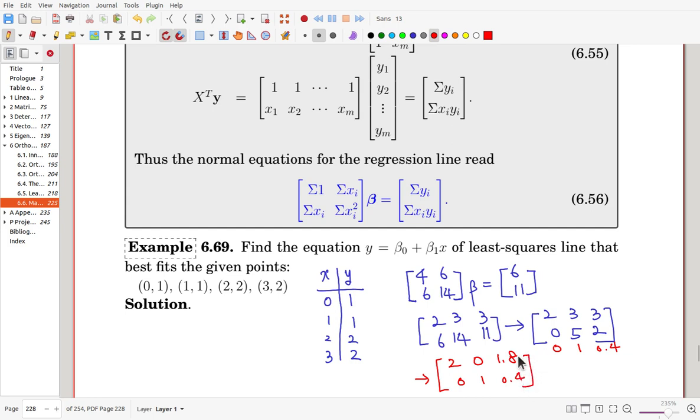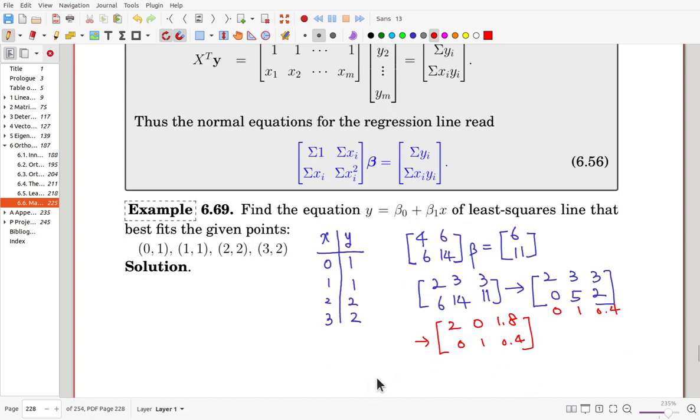That means the first component in beta is divided by 2, 0.9, and 0.4 is the second one. So the final model we found is y equals 0.9 plus 0.4x, right?